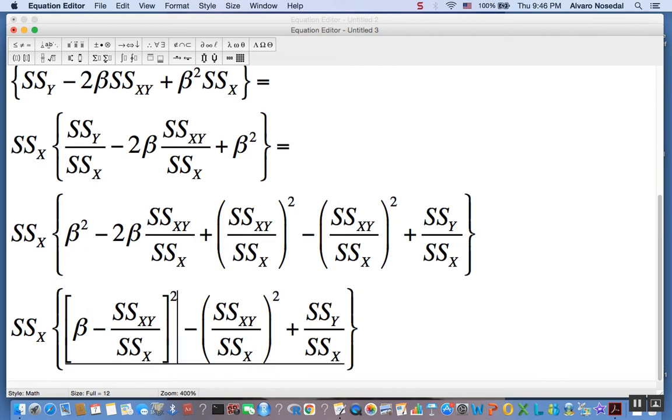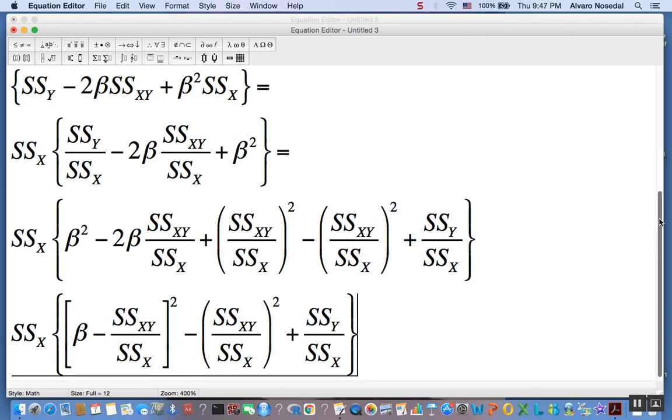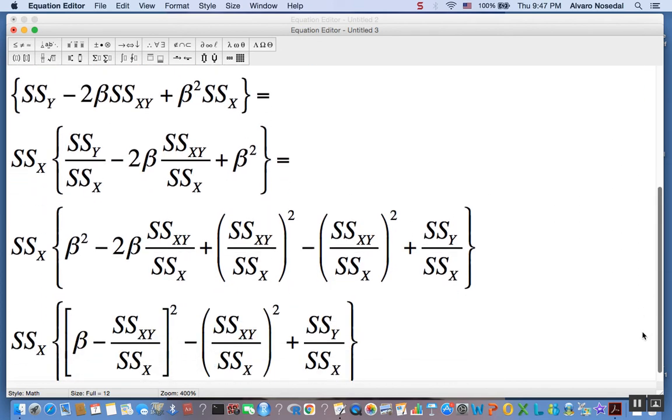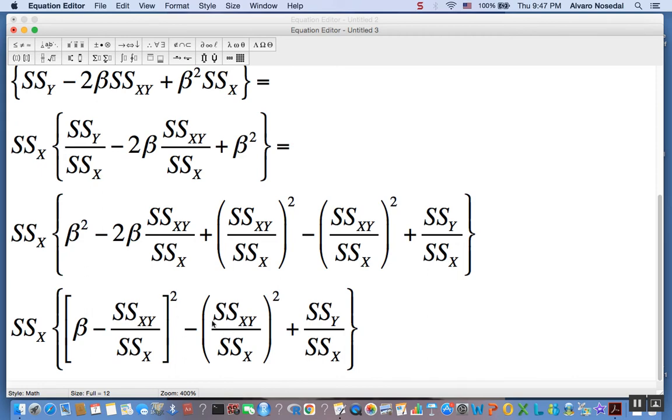Okay, so now the thing is, we have that first exponential. We could rewrite it like that, right? Okay, so let me rewrite the first exponential as the product of, well, we're going to have these, right, instead, right, in the exponent.